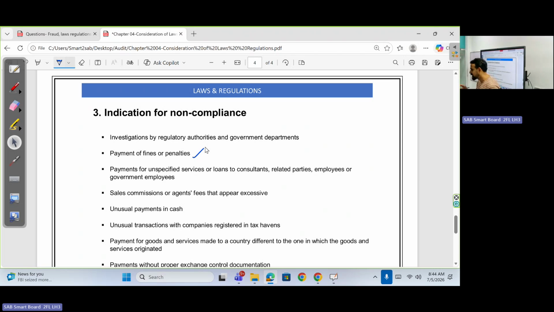In the payment voucher, you have to mention the description, amount, cash paid, or cheque. If you see amounts like $1 million, 2 million, 500,000, definitely you have to investigate and further analyze.